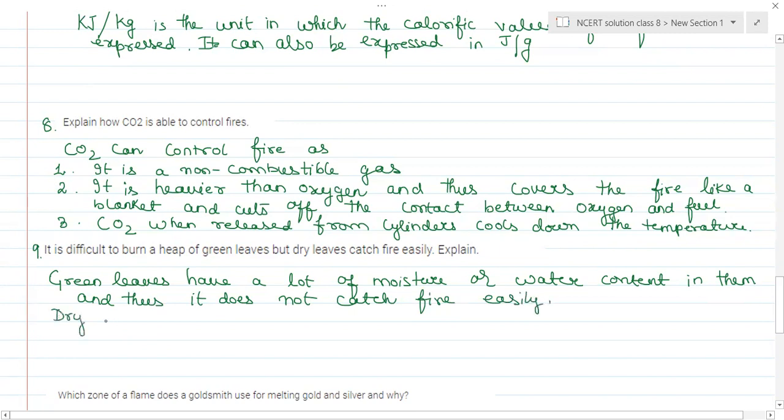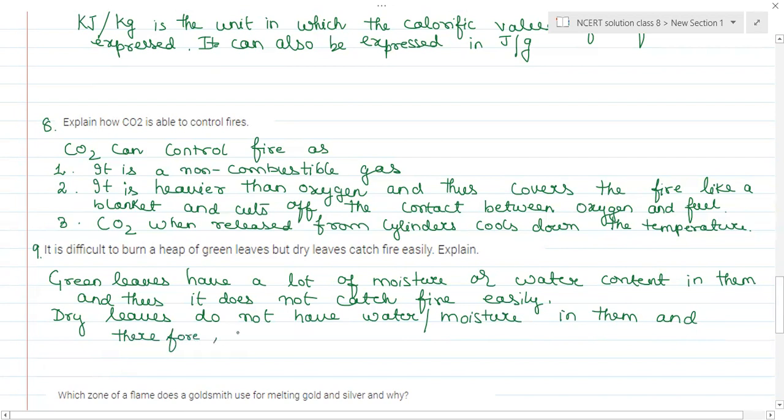Dry leaves do not have water or moisture in them, and therefore it catches fire easily.